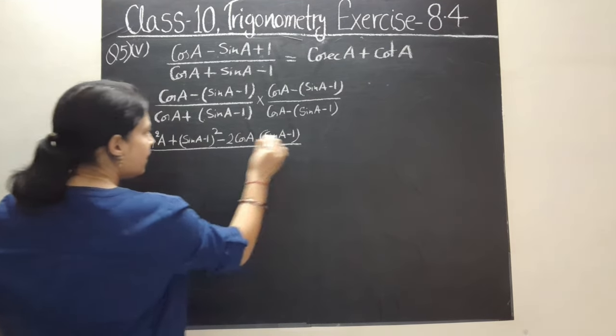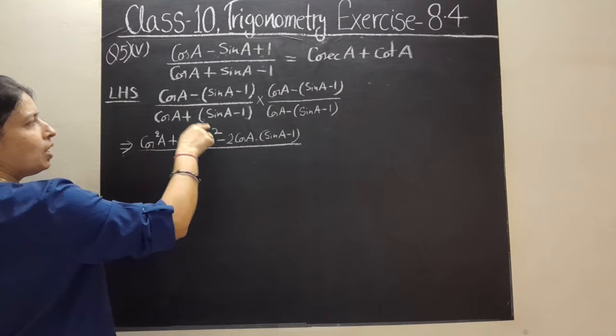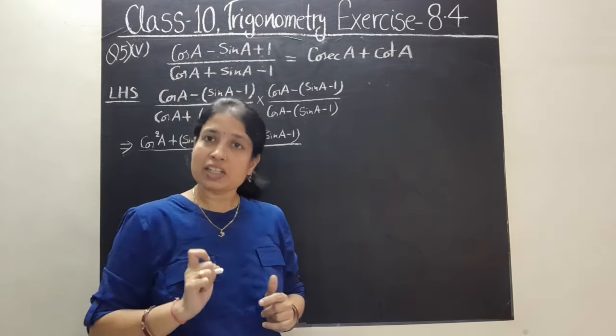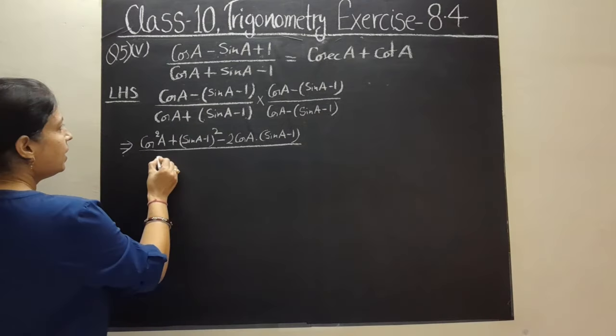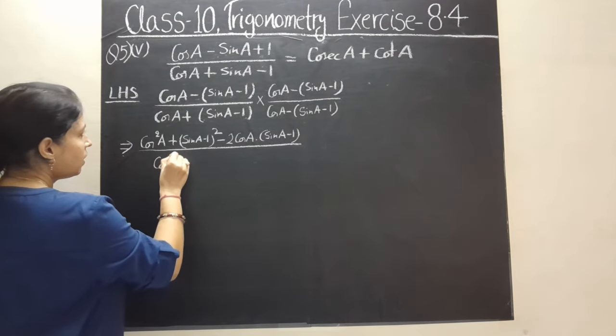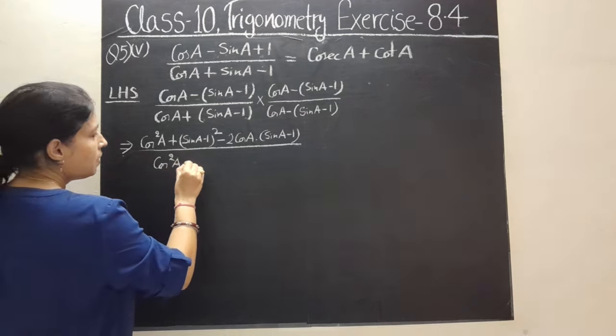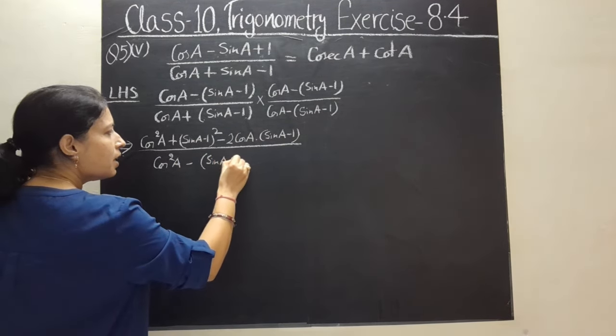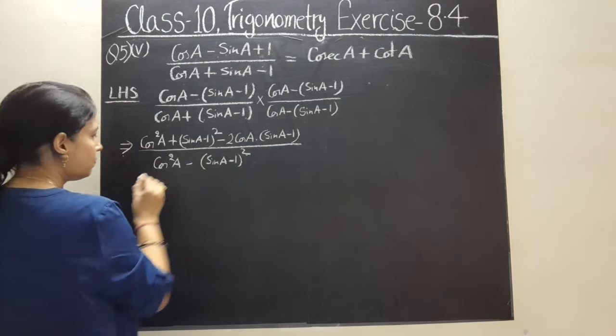It is divided by here (a plus b) into (a minus b). It will be a square minus b square. So we can write cos square a minus, here b is equal to sin a minus 1, इसका whole square.